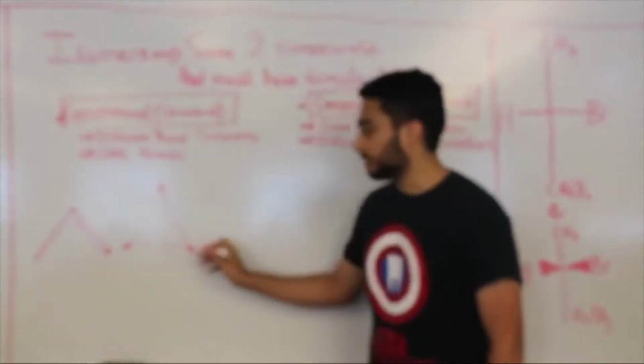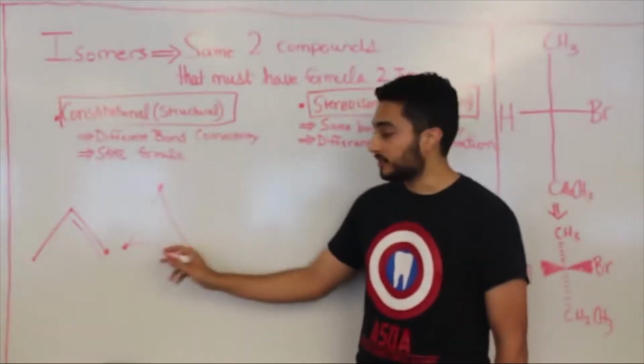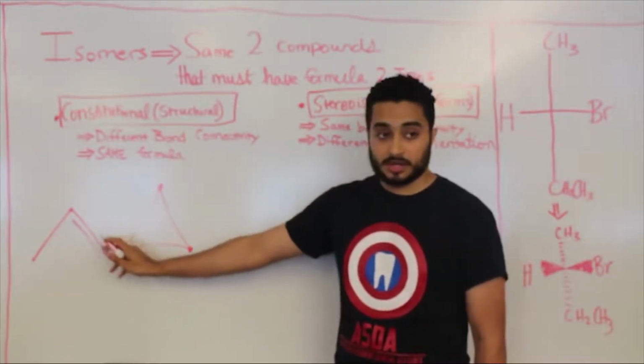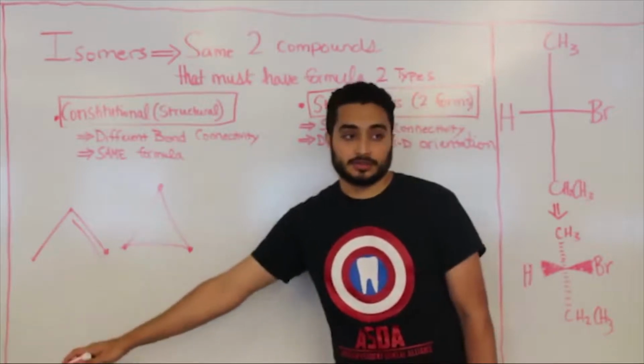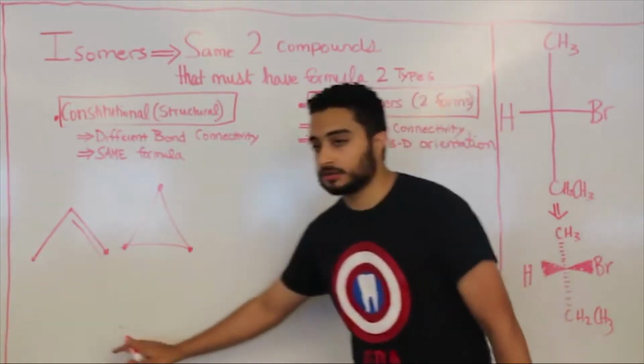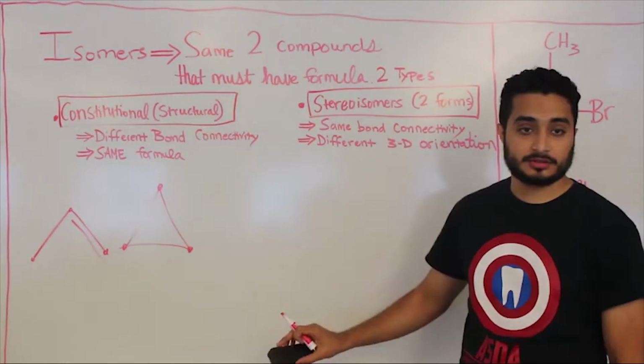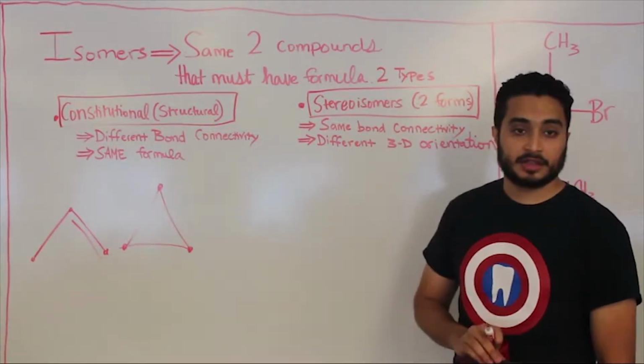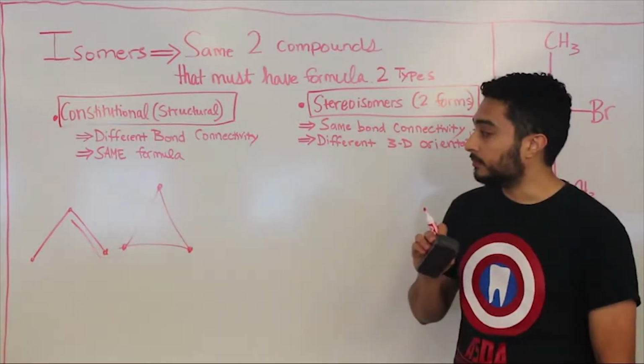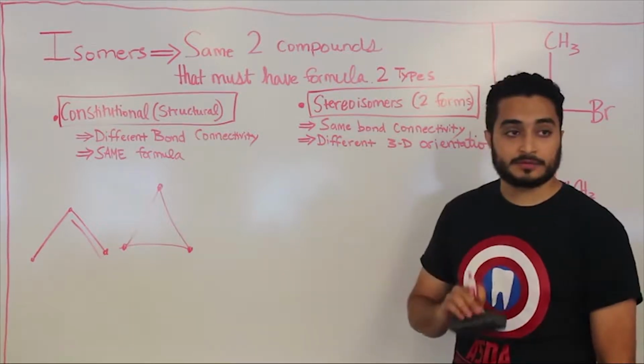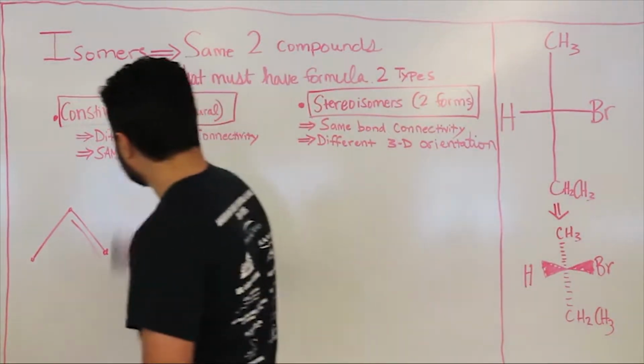But the thing that makes them different is that this is a single bonded ring, and then this one is a double bond made with another carbon coming off of it. Okay? So these are all examples of constitutional or structural. Just remember that they have the same formula, but they have a different bond connectivity. Okay?